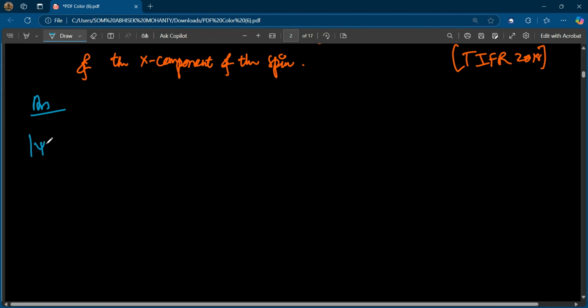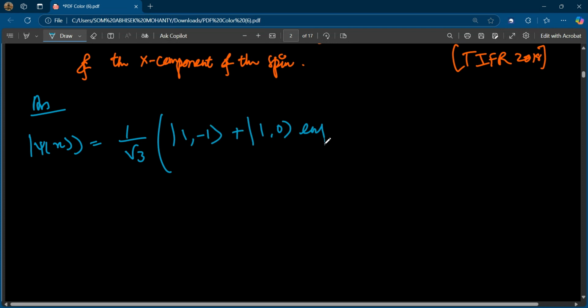So psi is equal to 1 by root 3 [|1,-1> + |1,0> exponential i pi by 3 + |1,1> exponential 2i pi by 3].